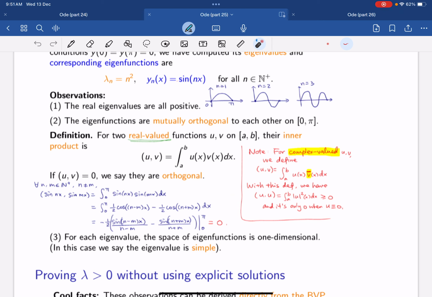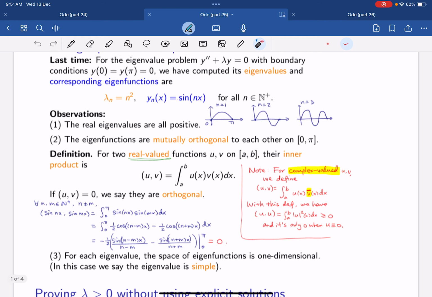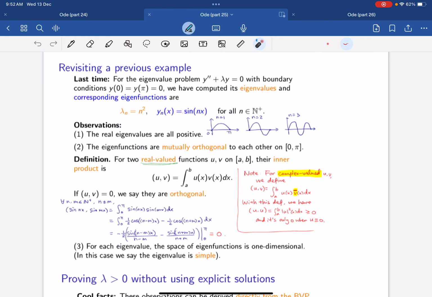And for each eigenvalue, there will only be one eigenfunction, meaning the space is one dimensional, or you can say that the eigenvalue is simple. So these are the properties of the eigenvalues and eigenfunctions after solving explicitly what they are.